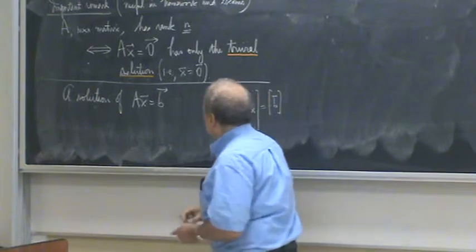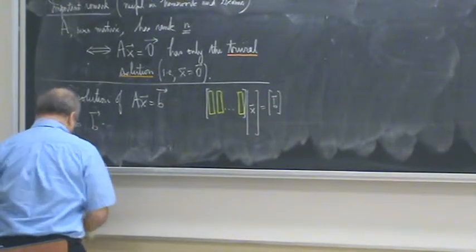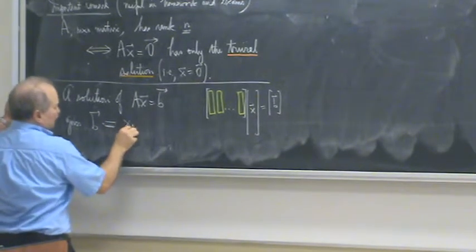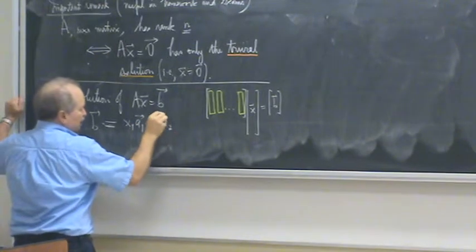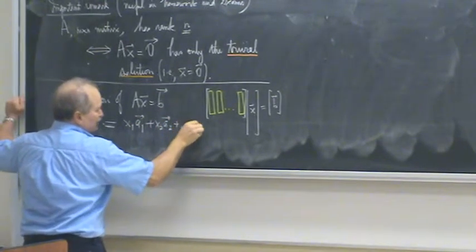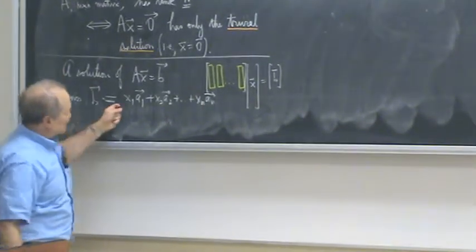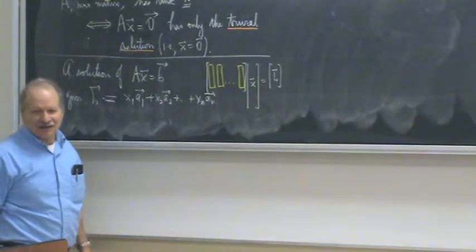So if the columns are little a sub 1 up to little a sub n, you're writing the vector B as a linear combination of these columns with coefficients given by the solution vector.